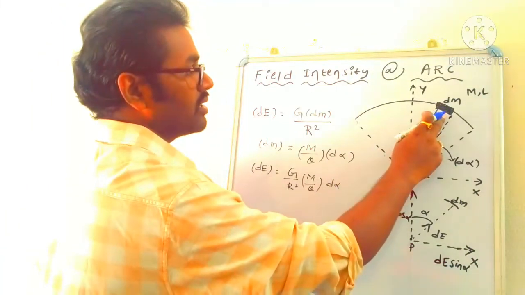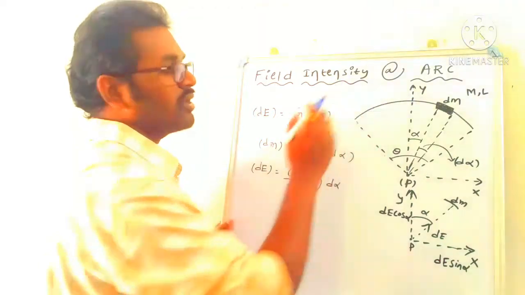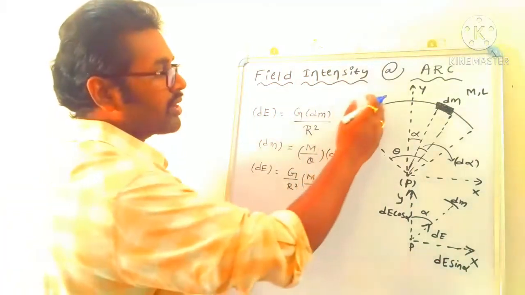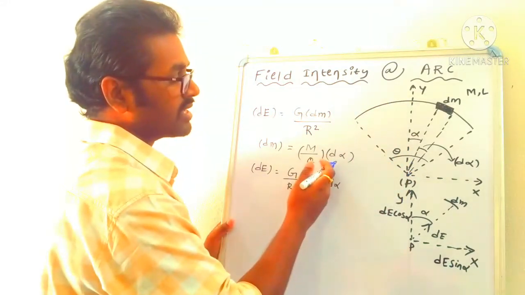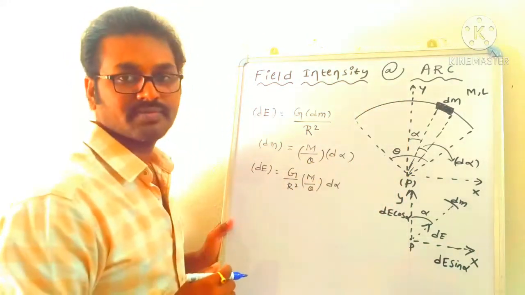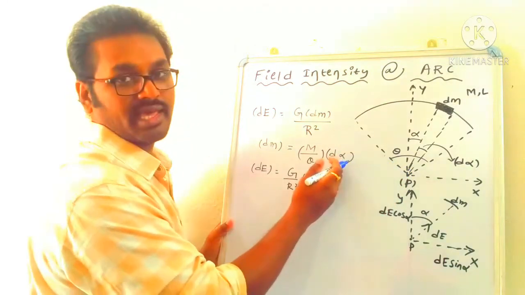We can take one more element on the left side of this arc. There also you will get two components, one along the x-axis, the other along the y-axis, which means along the negative x-axis.